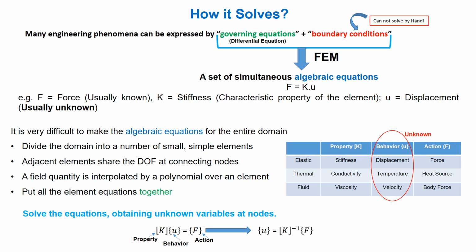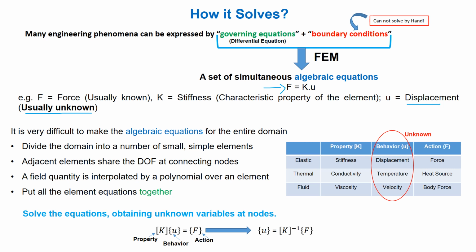If we consider a simple equation, F equals KU, F is the action, K is the material properties, and U is the displacement, that is the unknown behavior. While F is applied on a certain material, we can get the displacement. From this equation we can get the unknown parameter, displacement.